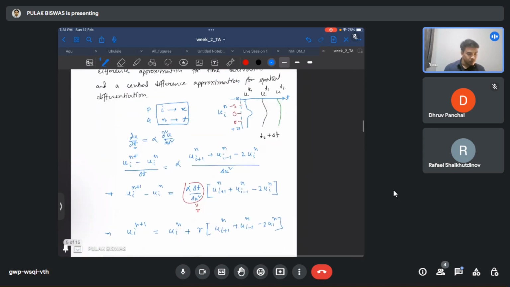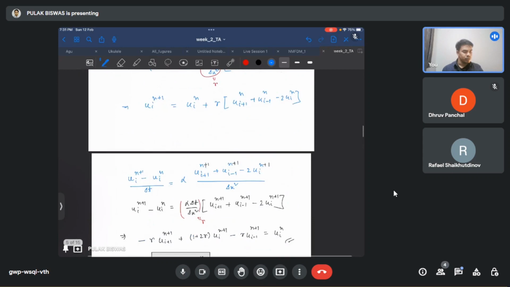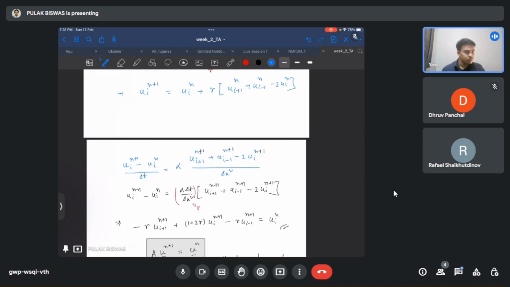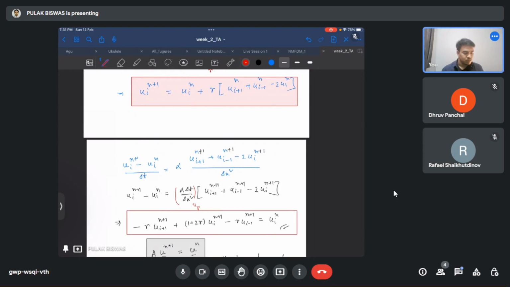Suppose for this diffusion equation, you have these two. This one is explicit, this one is implicit, and there may also be a Crank-Nicholson type. What is the main difference? There are many differences.